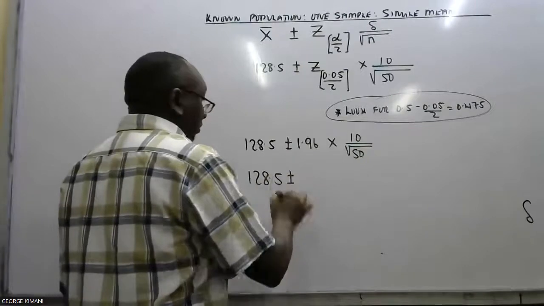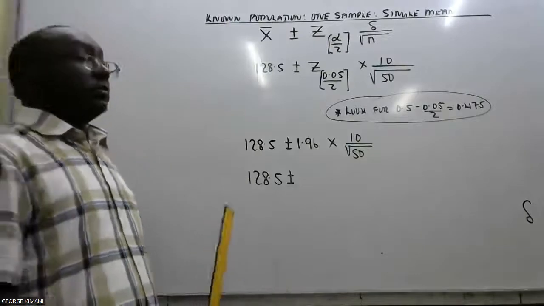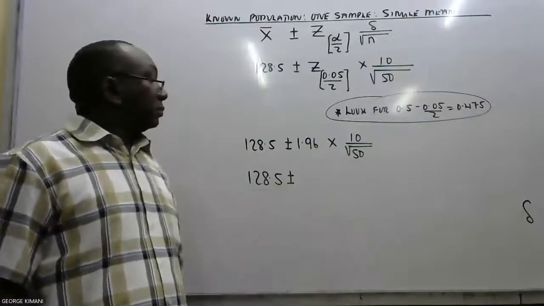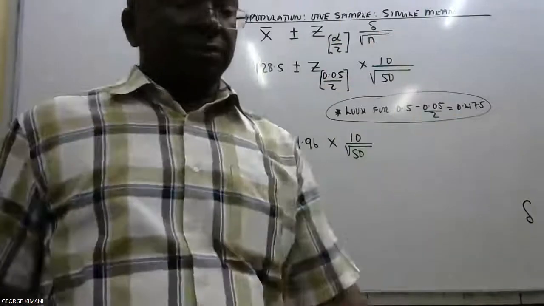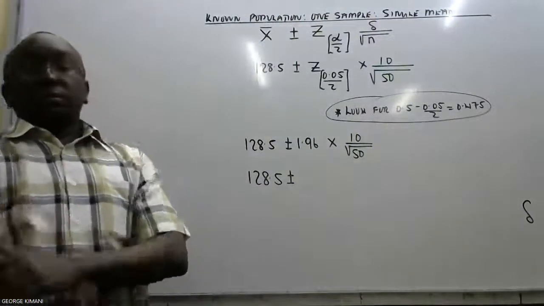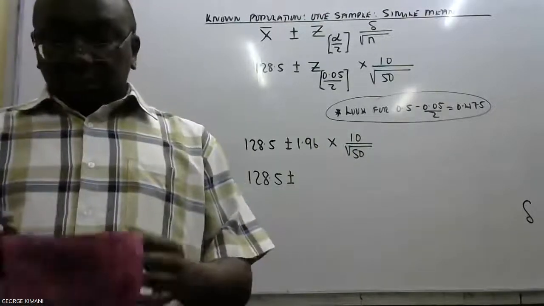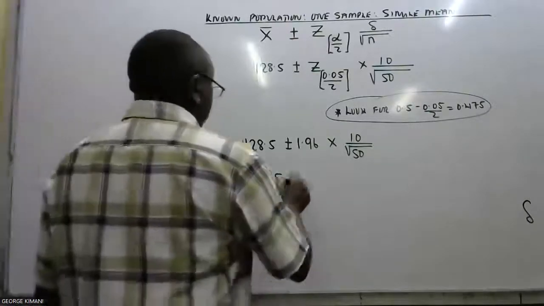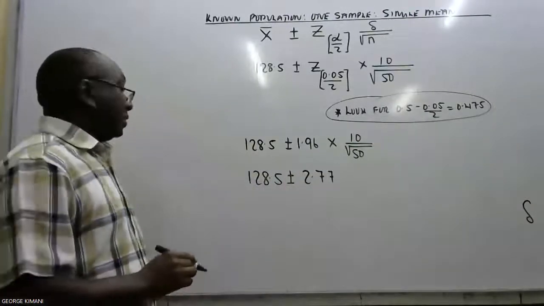128.5 plus or minus. So multiply this and give it 2 decimals. 2.77. So subtract that.